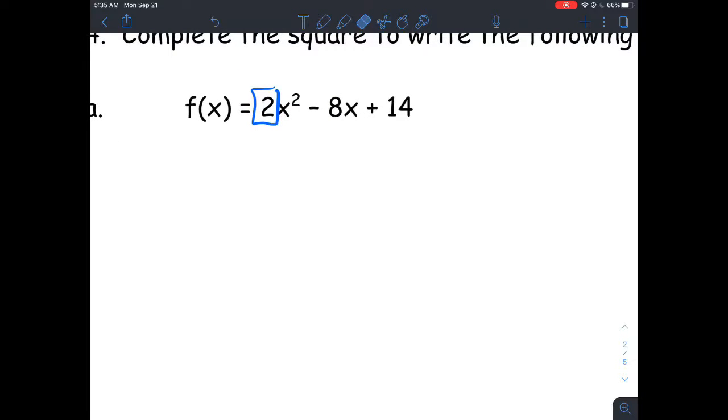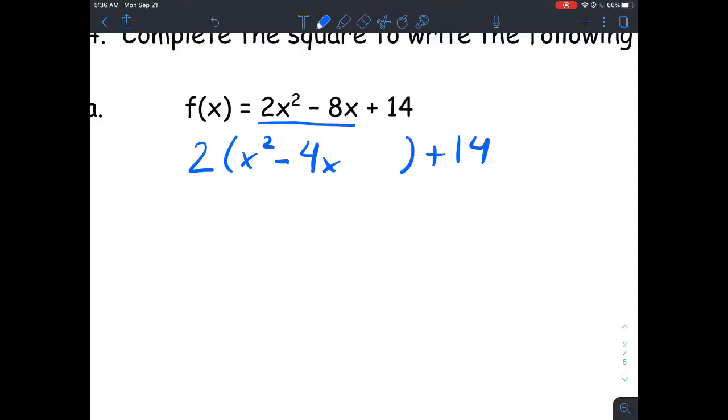So pay close attention. So the first thing we're going to do is we're going to take out this 2. And we're going to factor it out of the first 2 terms. So I'm going to get an x squared minus 4x. And I'm still going to do that thing where I boot my constant out.